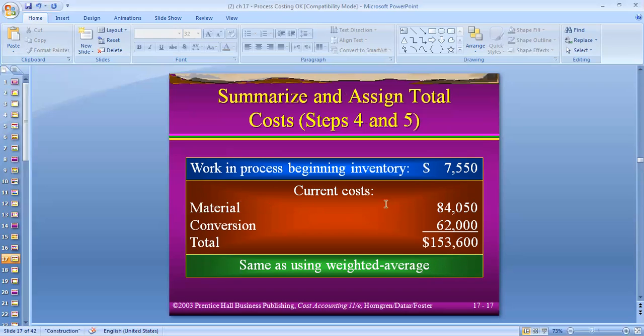That is material during the period, conversion cost during the period, and the work in process beginning. Total 153,600. What about the output cost? I mean the cost of the 31,000 units that are transferred to the next process, 1,000 from beginning and 30,000 from during.